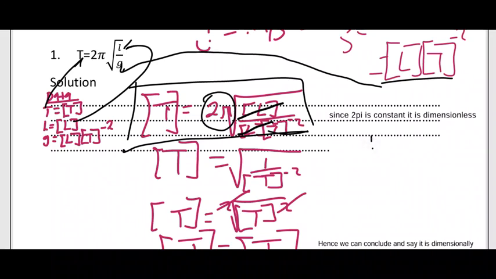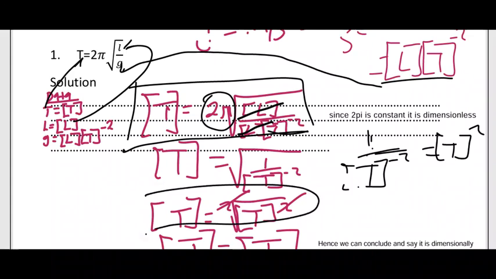If you are given an equation where you have 1 over T to the power -2, you can write this in that manner. So what we're trying to do is show that this equation is dimensionally correct. For an equation to be dimensionally correct, the principle of homogeneity has to hold. What do I mean by that?